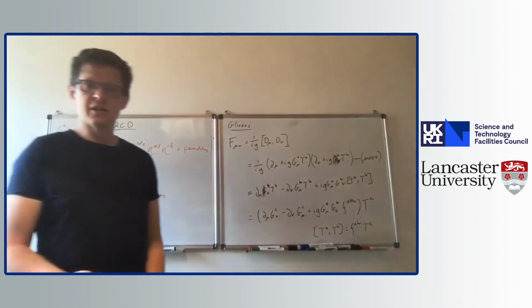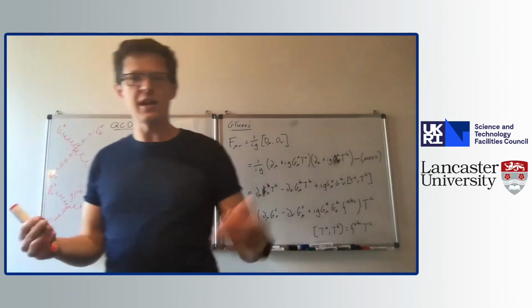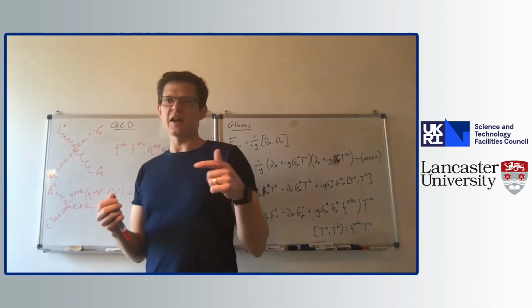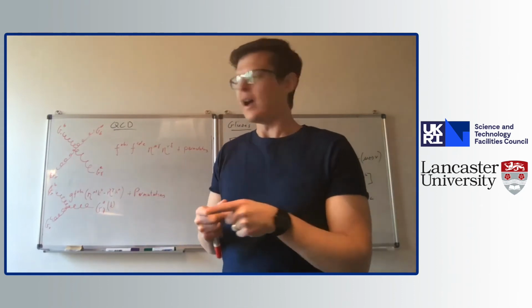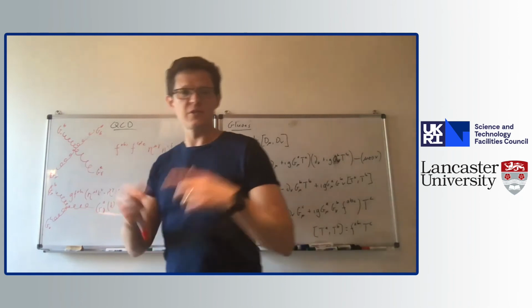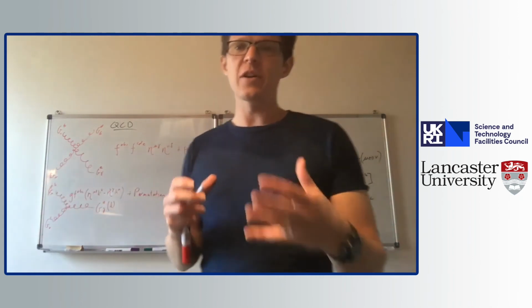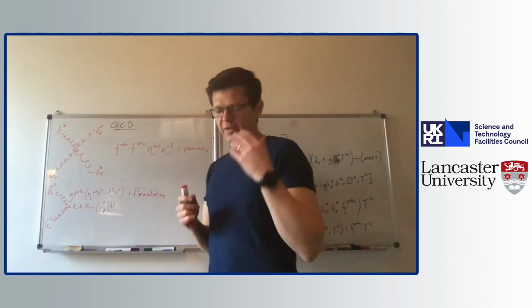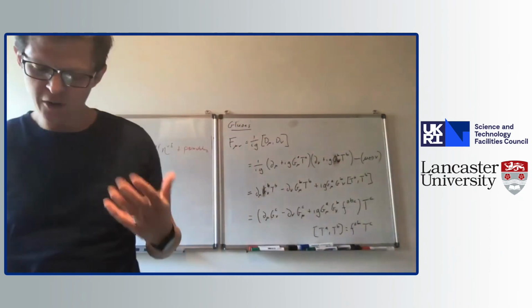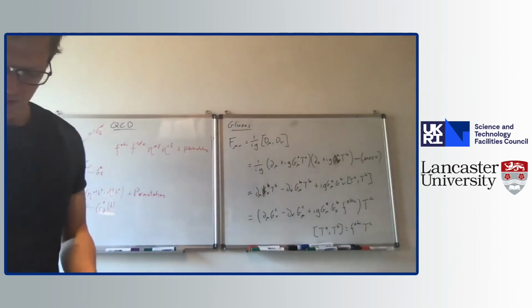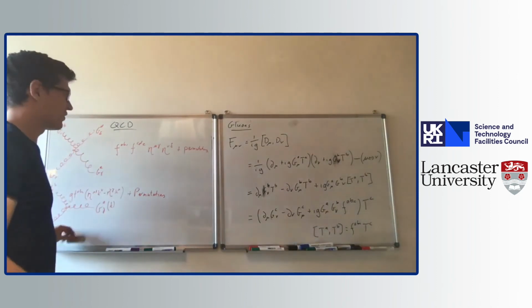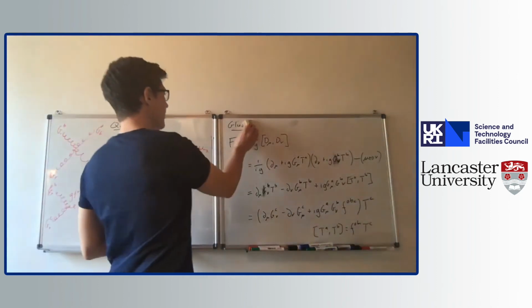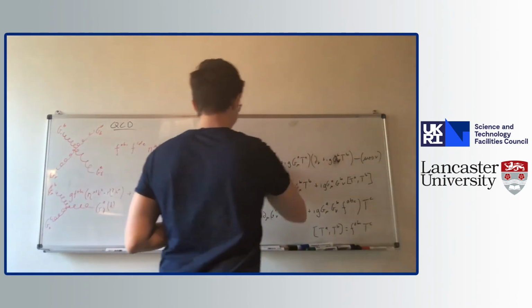For example, in collider physics, you can collide 2 protons, and you can have a hard interaction between a gluon in each of the protons that then creates 2 gluons, which give you 2 jets. So these are very, very important interactions. But I think conceptually, the real big hitter in terms of these gluon self-interactions relates to a property known as asymptotic freedom.